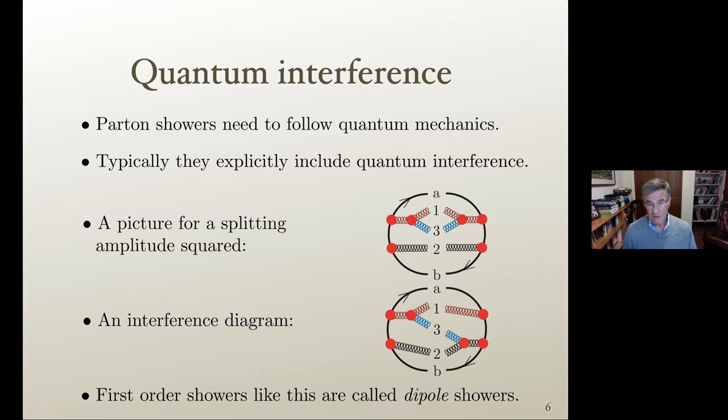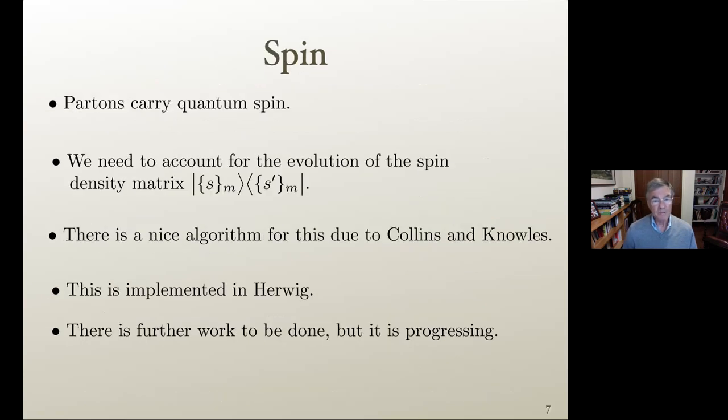But there are interference diagrams, and those are included now, typically in parton shower event generators. So here I emit a gluon from gluon 1, and I have the interference with emitting that from gluon 2. And the name of that kind of shower is a dipole shower.